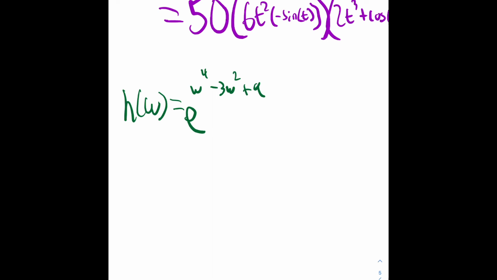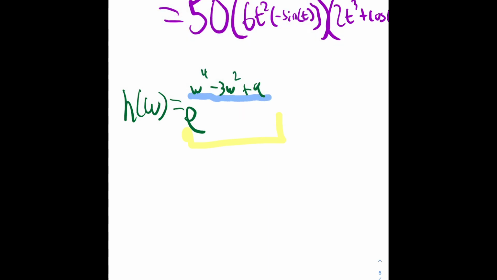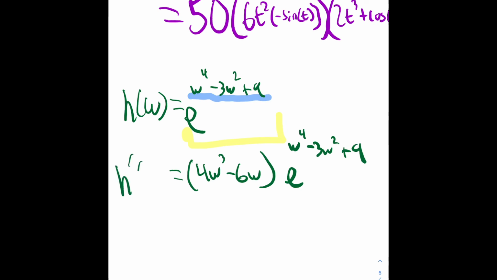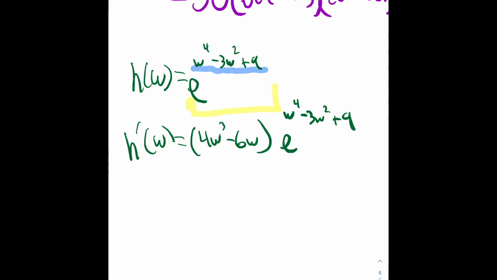If this whole thing is my outside function, my inside is going to be my exponent right here. So this looks like I'm going to have to use the power rule. This is like 4w to the third minus 6w. And then I still have my original function, e to the w to the fourth minus 3w squared plus 9. So this one wasn't quite as difficult. It was only really one step there.